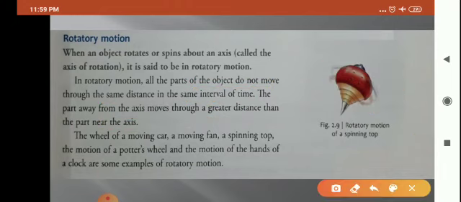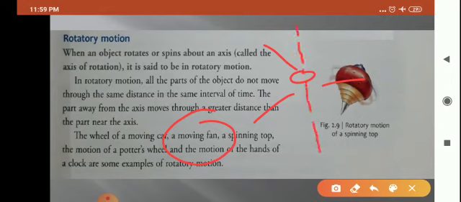Now, a few more examples of rotatory motion is your moving fan. Suppose this is your moving fan. In a moving fan also there is an imaginary line that is called your axis, about which this fan rotates.